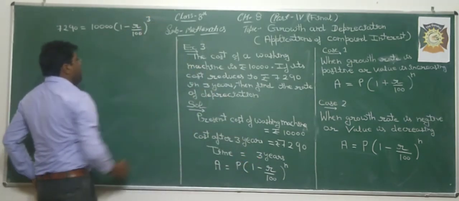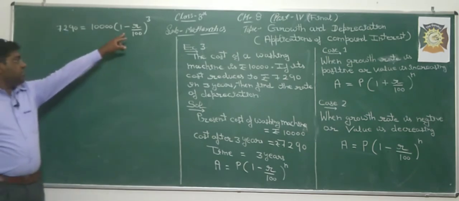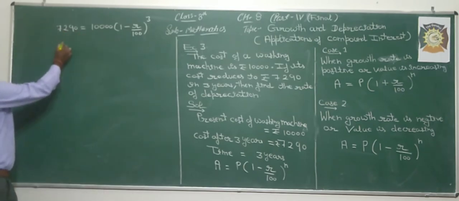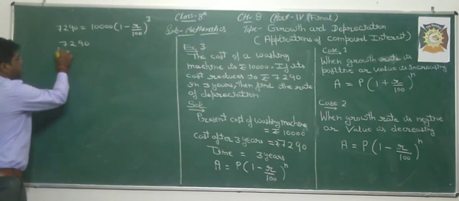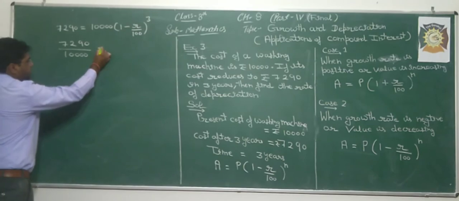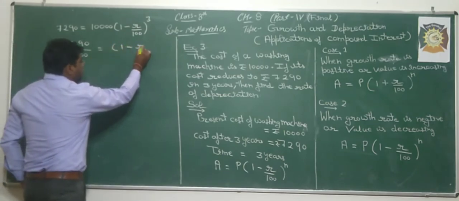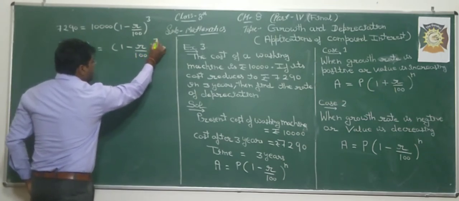Now, to find the value of R, first of all take this 10,000 to this side, then it becomes 7,290 divided by 10,000 is equal to 1 minus R upon 100 raised to the power 3.